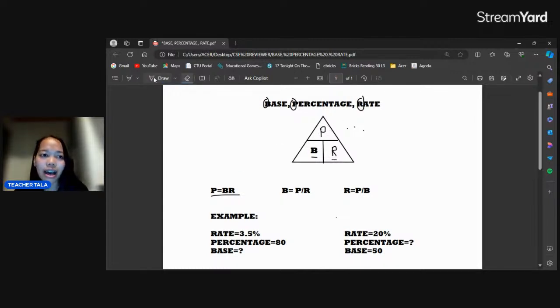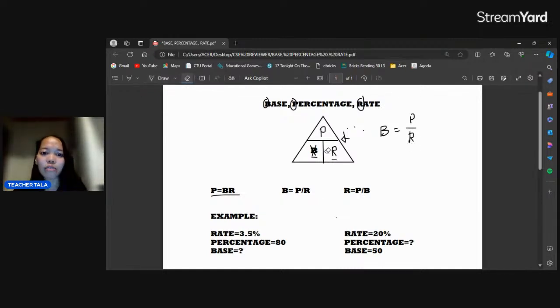Pero kapag si B yung missing, cover niyo lang si B, tapos si P nasa ibabaw, you will also have a bar. So that will be B is equal to P over R, kasi nasa ibabaw si P dapat.